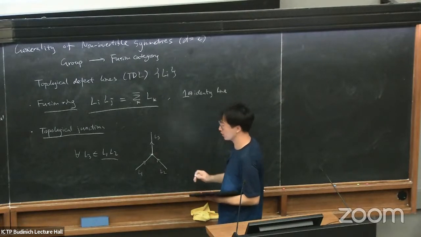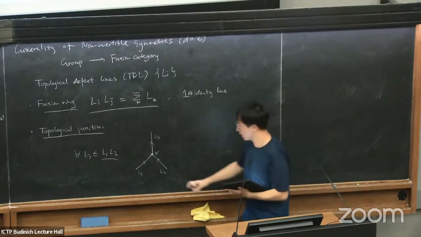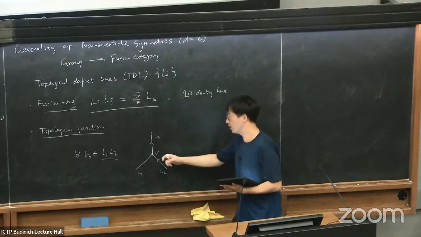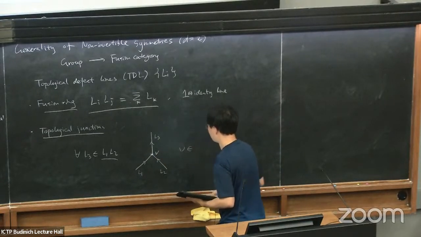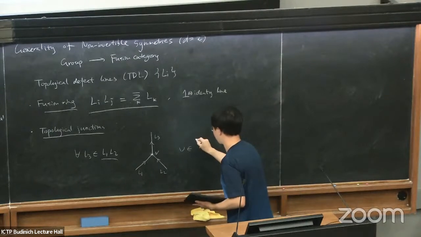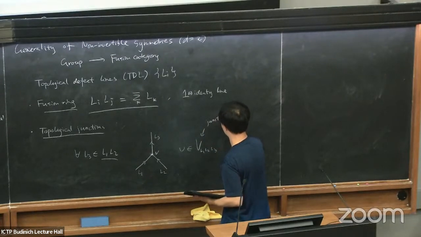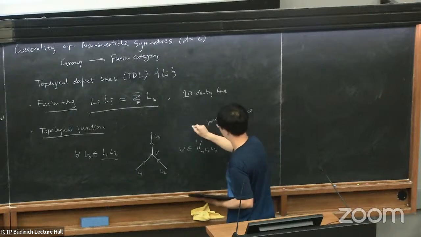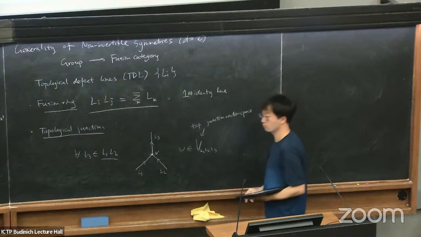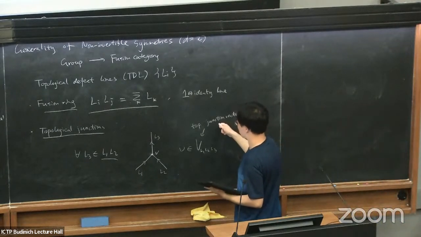It can be thought of as a point operator, which we denote by V. In general, when you specify the external topological defect lines, there may be multiple choices of V, and V is a vector in a vector space, which we'll call the topological junction vector space.